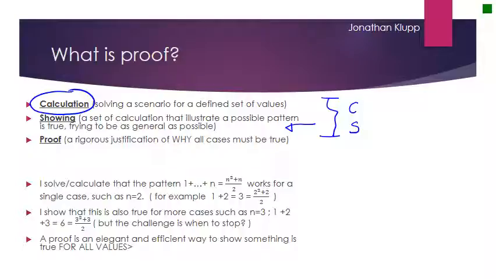So why do we bother proving? It's far more rigorous. It's a justification of why all cases must be true. Must be true is a really important idea here. So in terms of our language, the example we talk about down the bottom here is that let's just add a bunch of numbers together.